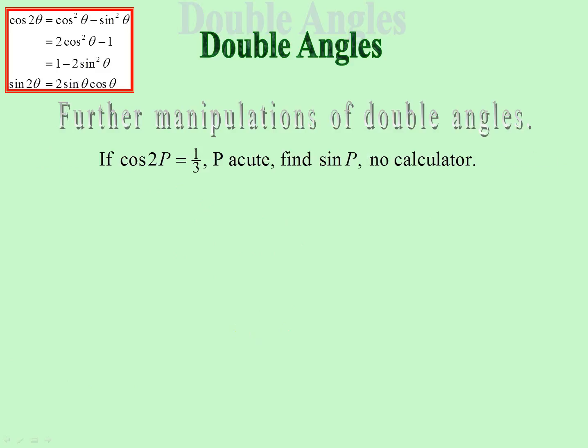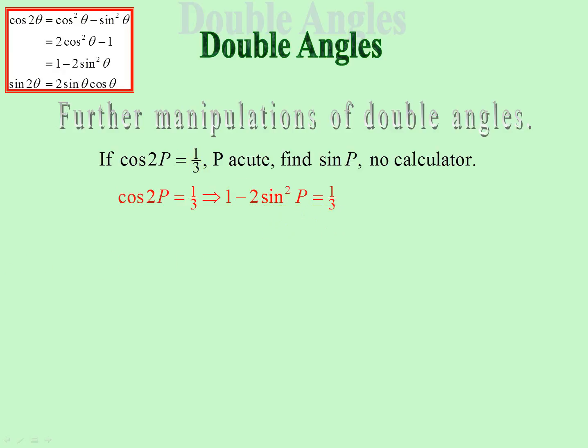Cos 2p equals 1/3. P acute. Find sine p. Well, once again we say, well, where do we have cos 2p and sine p? Sine theta, cos 2 theta. So therefore, if cos 2p equals 1/3, it means 1 minus 2 sine squared p is 1/3.